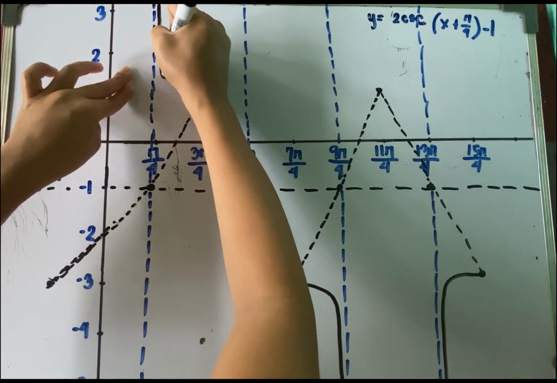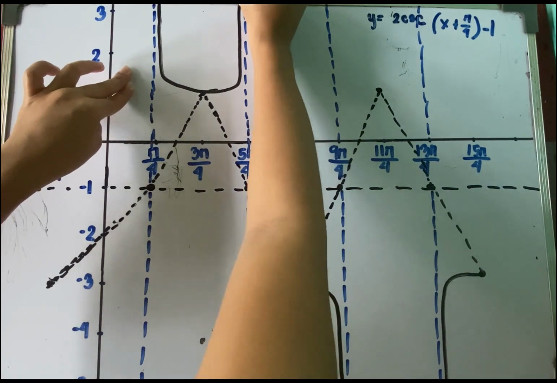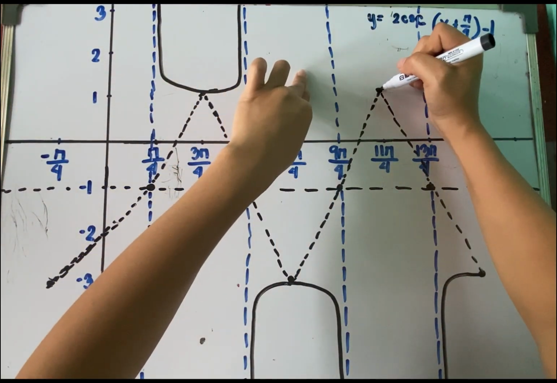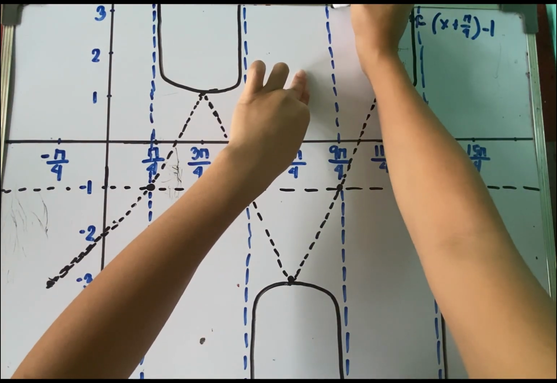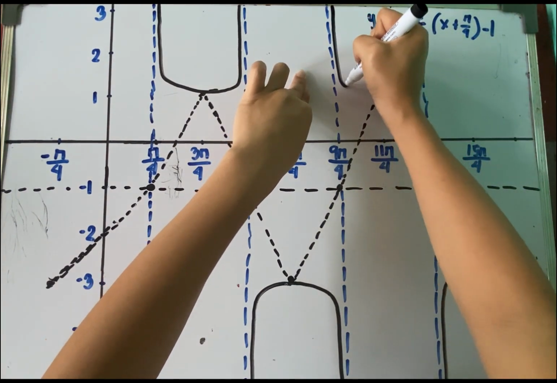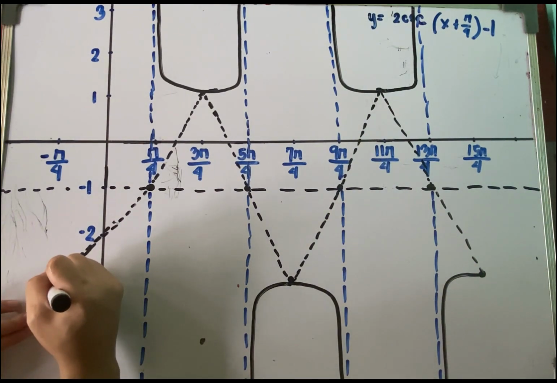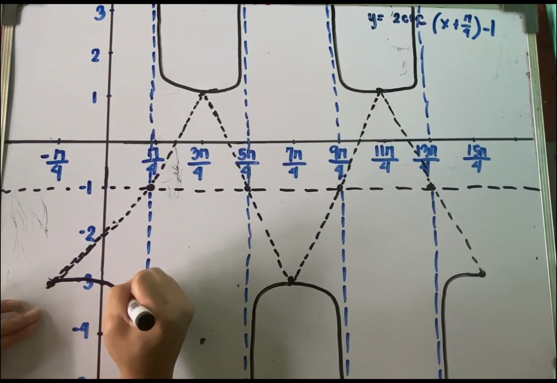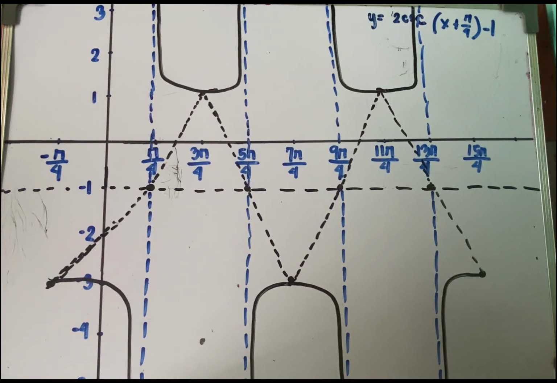So we have to carefully do it upward as well. So this is now our cosecant graph.